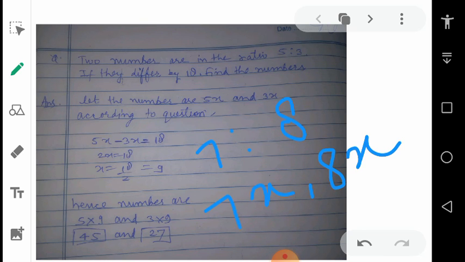If some other conditions are given in the question, make the linear equation according to the conditions, equate the expressions, and by using the BODMAS rule find the value of x. Then finally put the value of x there, and you will know the answers.